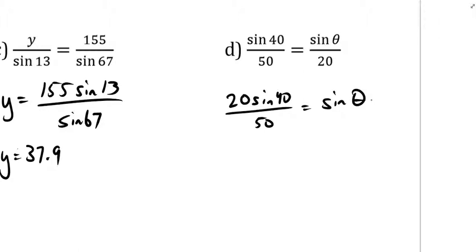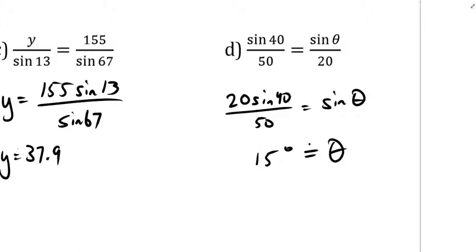So I'm going to go shift sign bracket 20 sine 40 divided by 50, then close the bracket at the very end, and I got theta equals 14.8, so 15 degrees. Is that right? People get 15 degrees? Awesome. Any questions? If you're still having a problem with your calculator, you got to ask me at some point so we can take care of it.